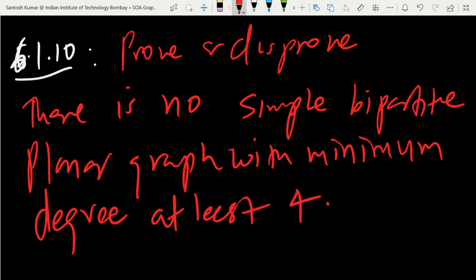So minimum degree at least 4, कम से कम 4 होगा डिग्री. ऐसा कोई simple bipartite graph हो ही नहीं सकता, मुझे ये प्रूव करना है.